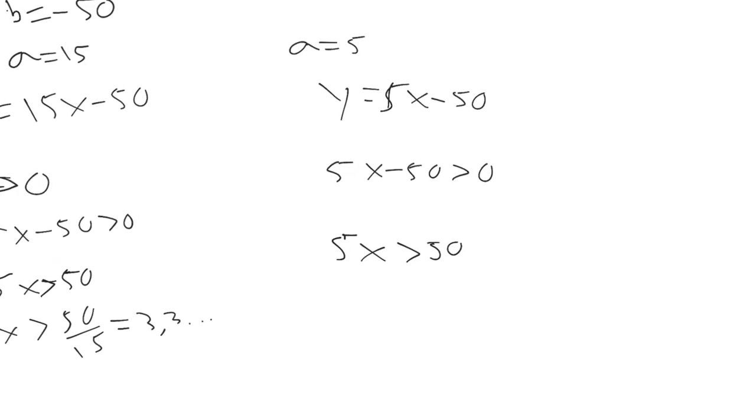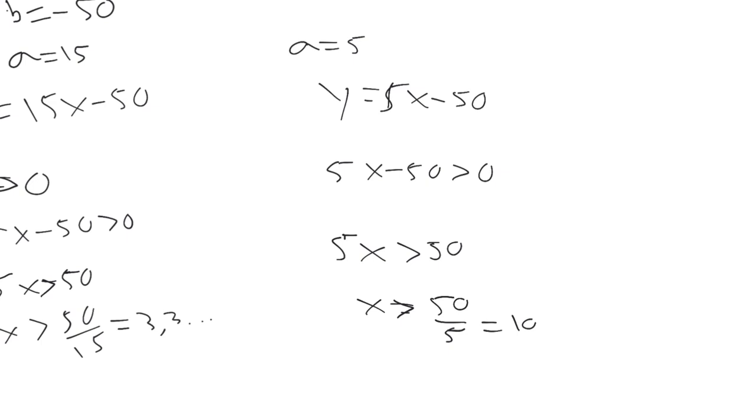On this side, on the other hand, we'll get that x is greater than 50 over 5, which is going to be equal to 10.